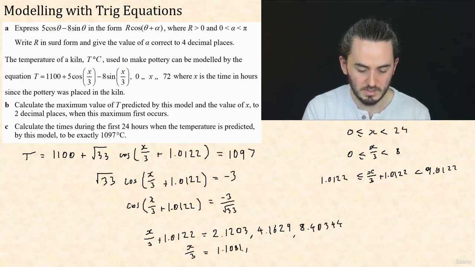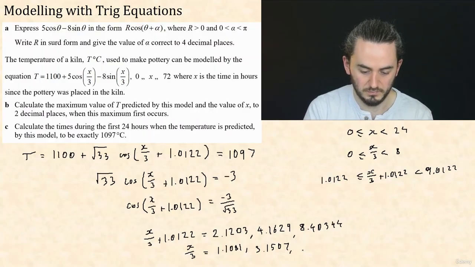The next one, I've got 4.1629 minus 1.0122, so that's 3.1507, and the final one is 8.40344 minus 1.0122.